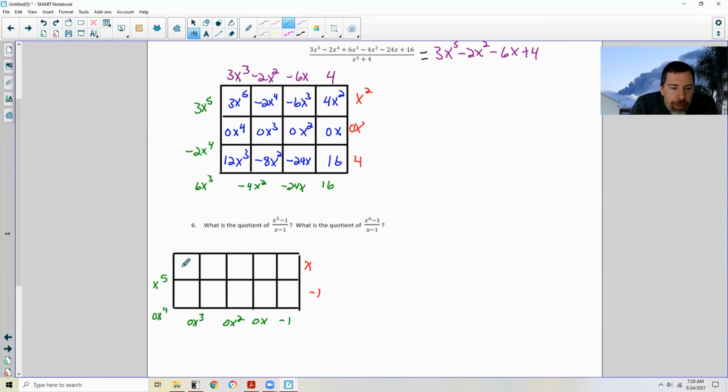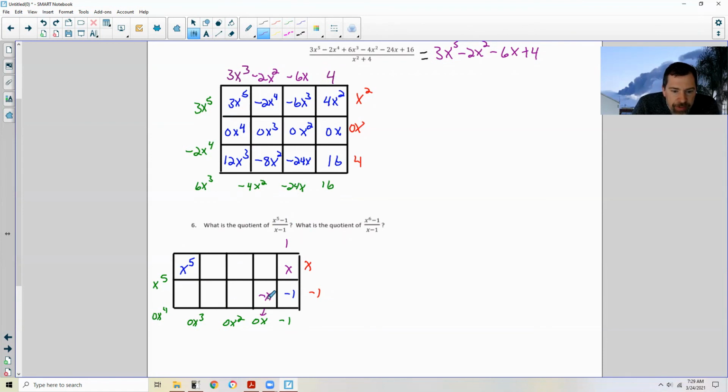All right, so remember, when we're doing this, you can put the first corner in because it's all by itself and gives us x to the fifth, and this will give us -1. Well, -1 times what gives me -1? Well, that is going to be 1. So 1 times x is x. That's 1x. And I want 0x, so this has to be a -x to get 0x here.